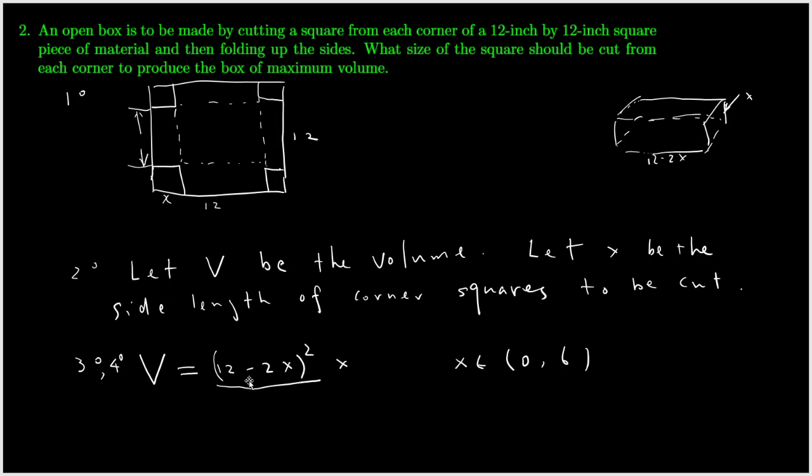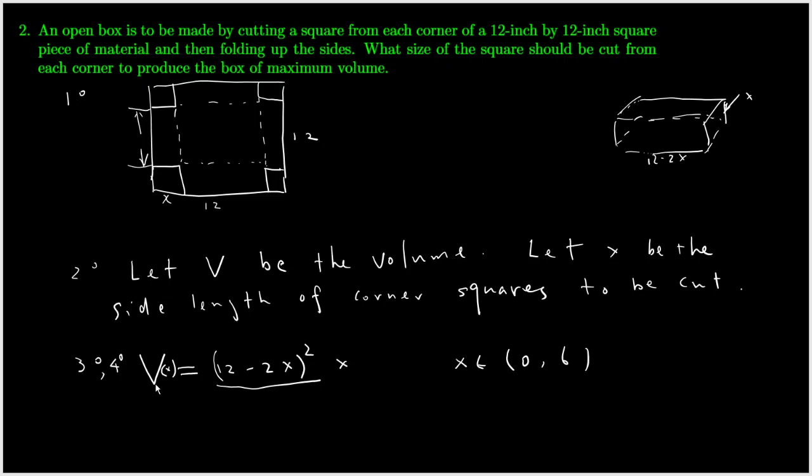But now I hope you can see we're ready to move on to use the knowledge we learned last time. At this point, we can write v as v of x, because v depends only on x, so that makes sense. Again, at this point, the problem is converted to the problem we have seen last time.